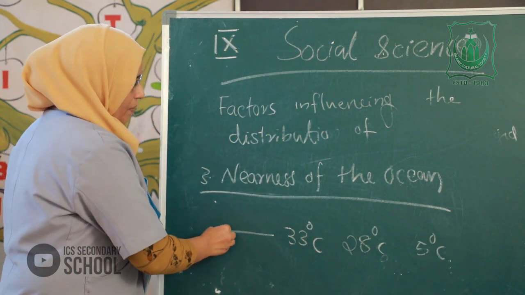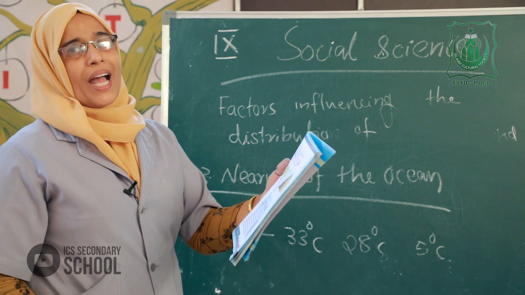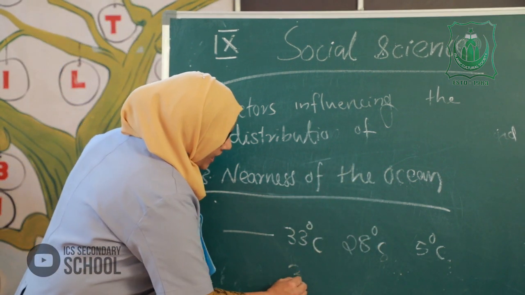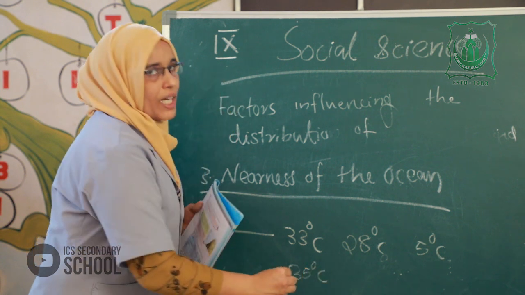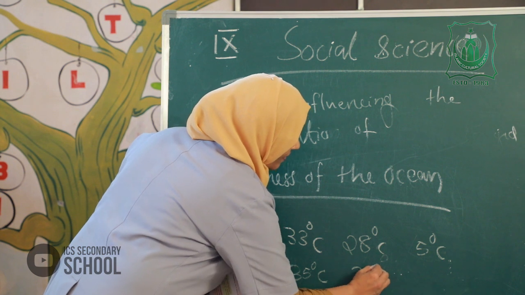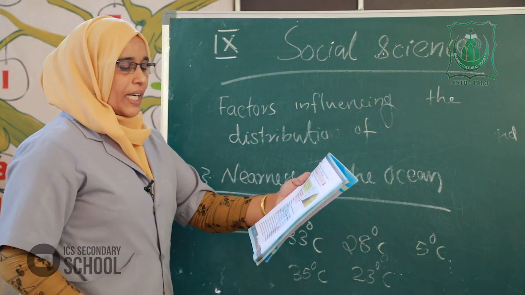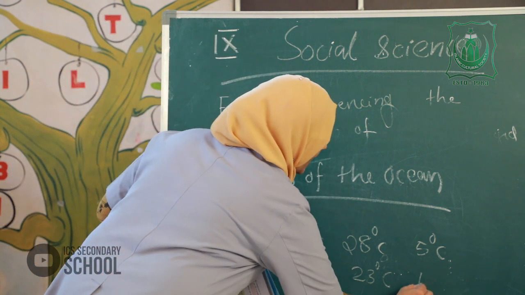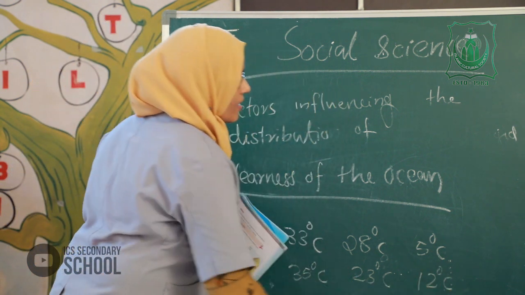Okay, Trivandrum or Thiruvananthapuram. Then Bengaluru, maximum temperature 35 degrees Celsius, minimum temperature 23 degrees Celsius, then range of temperature 12 degrees Celsius.